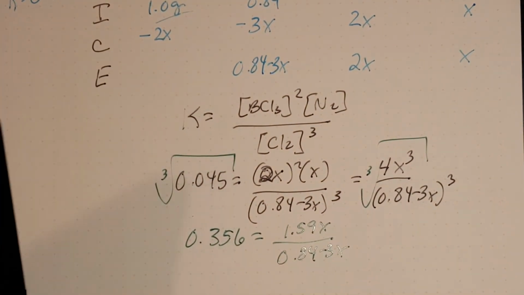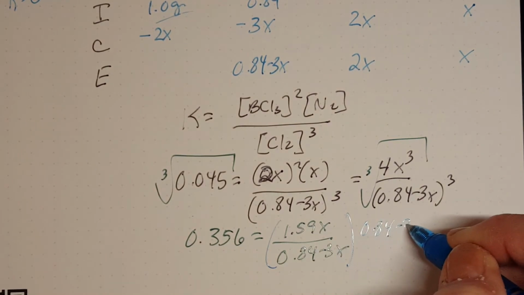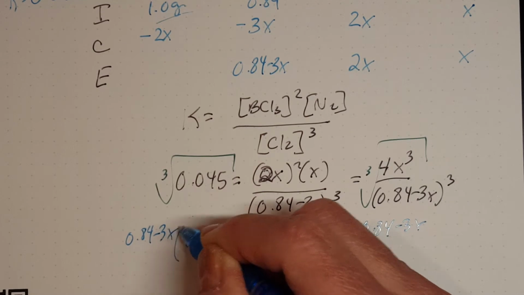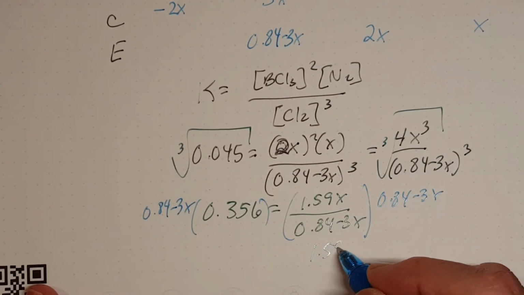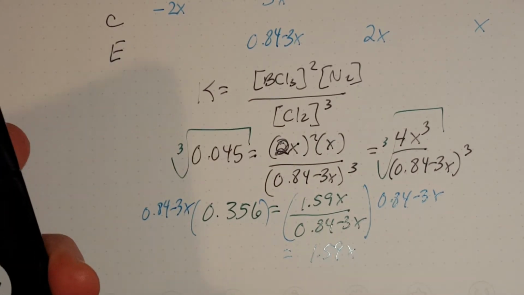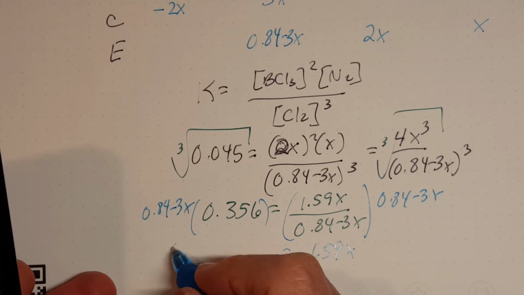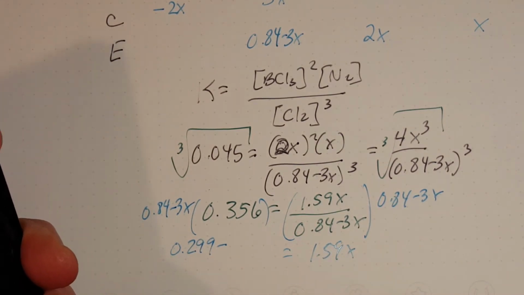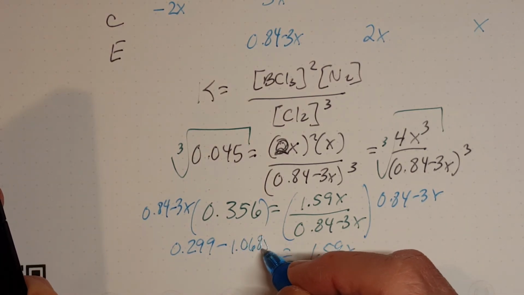And then we're going to multiply both sides by 0.84 minus 3x. And we'll end up on the right-hand side with 1.59x, and on the left-hand side, 0.84 times 0.356 is equal to 0.299 minus 3 times 0.356, 1.068x.